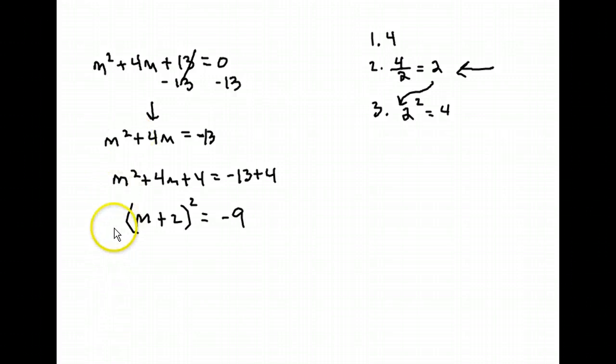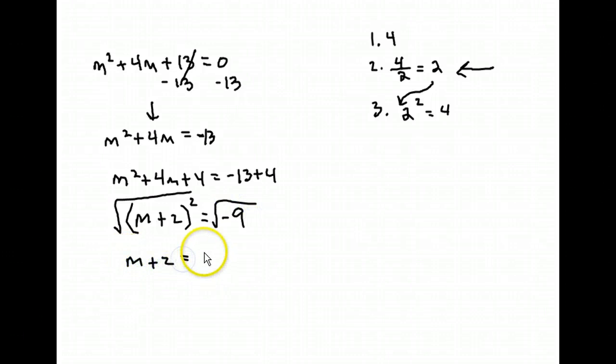So what we do now is we square root both sides. And so we end up with m plus 2 is equal, remember if you take the square root of a negative, it's going to end up with i. So you got plus or minus i square root of 9, or i3, because square root of 9 is just 3. Well, let me just write it out in steps. So plus or minus i square root of 9.